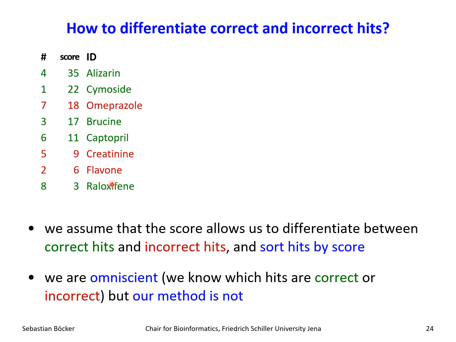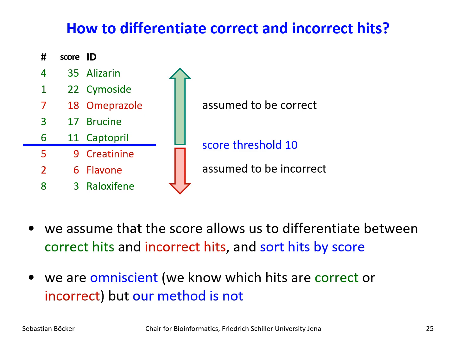And as I said, we have to play God. We know everything, so we know which of those annotations are correct and which of those are incorrect. So the red ones are incorrect hits and the green ones are correct hits. As I said, this is only for evaluation. Our method doesn't know about it, otherwise it wouldn't make sense to actually use it and try to search there. But if we now know this, we can decide for an arbitrary threshold and say, I think a good score threshold is 10.